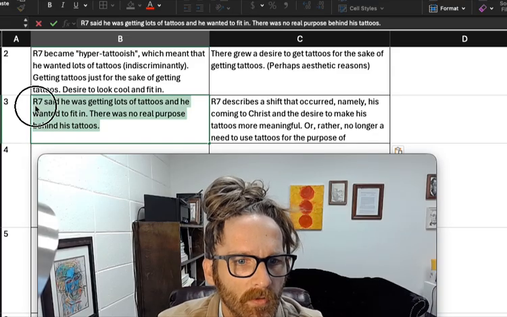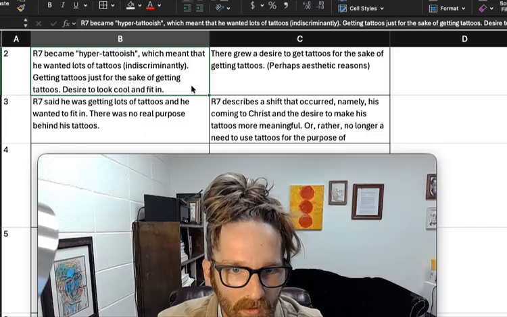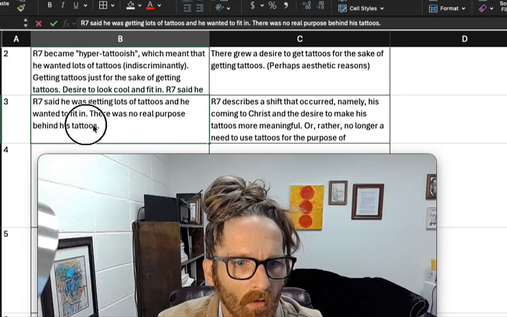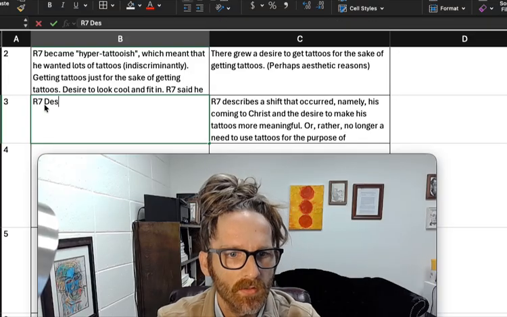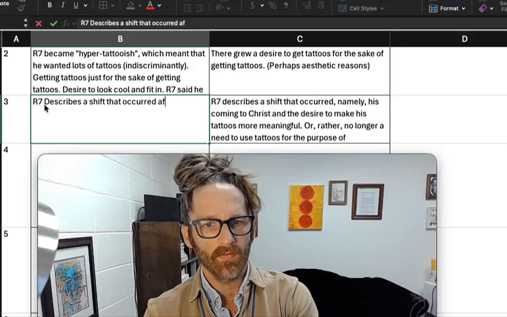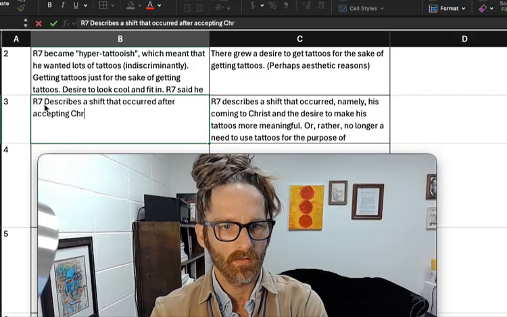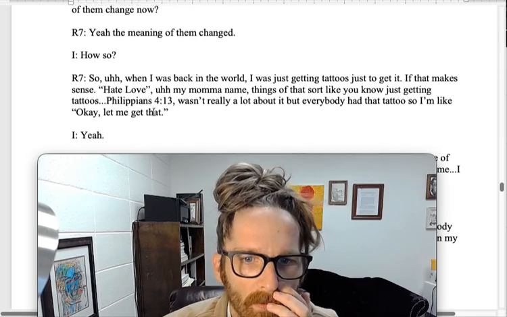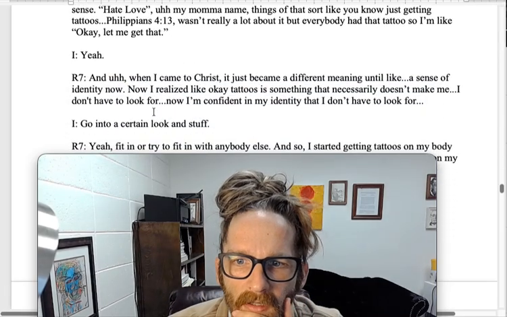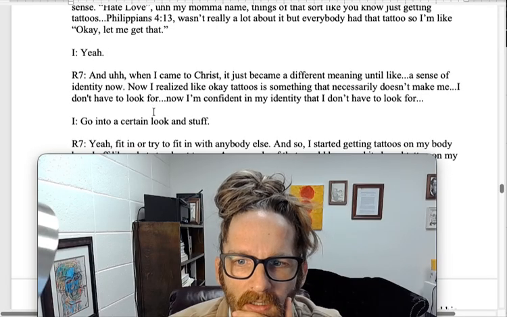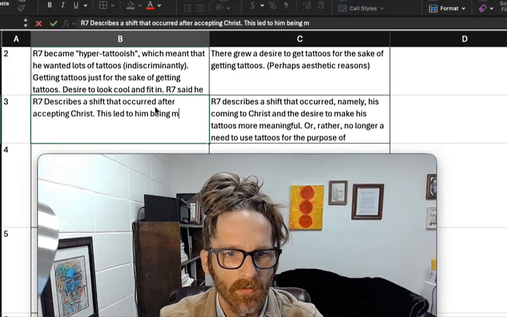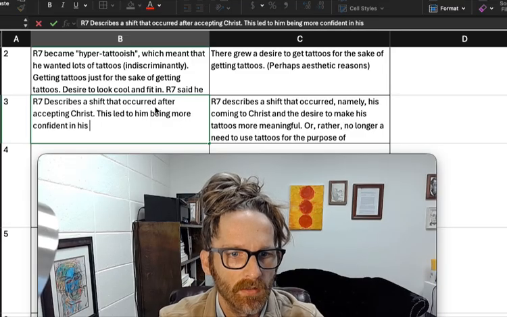Actually, I'm describing the second meaning unit again, so let's move that there. R7 describes a shift that occurred after accepting Christ. Let's see what he says actually. Tattoos, something that necessarily doesn't make me. I'm confident in my identity. This led to him being more confident in his identity.